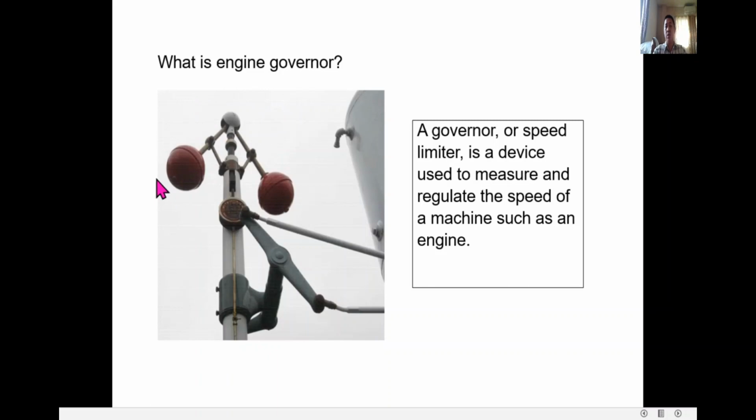So in a hydraulic governor, there is flyweight inside. So looks like the principle of these two balls. Later on, you can see what we call the flyweight inside the governor. So let's proceed.